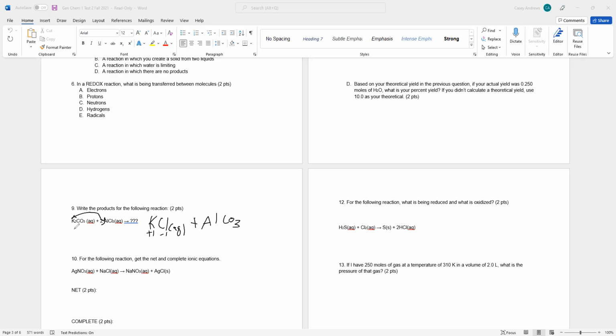So we have to go back to our compounds. So potassium's always +1. But I have 2 of those, which means CO3 must be -2 to make that a neutral compound. Cl is -1 always because it's a halogen. I have 3 of those, so overall that's -3. That means aluminum's +3.